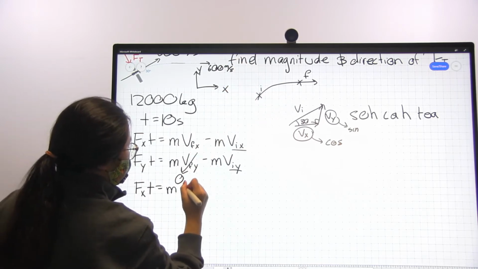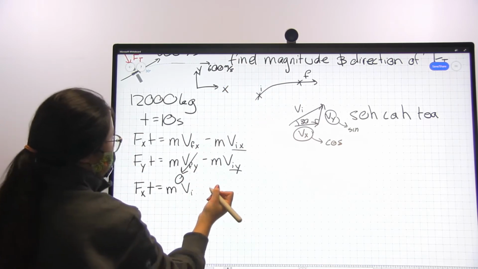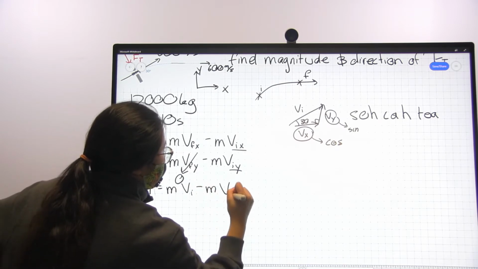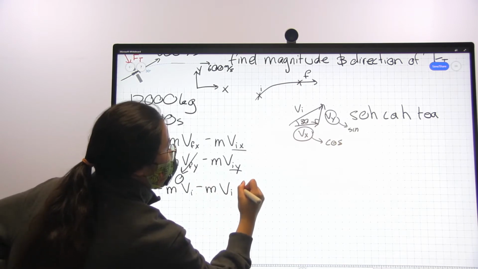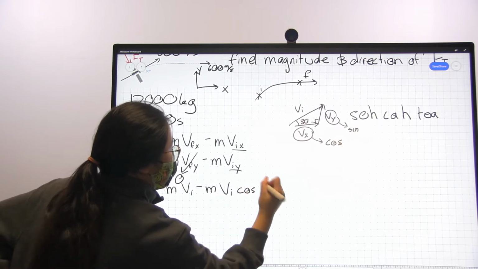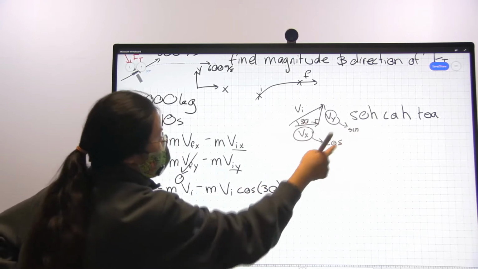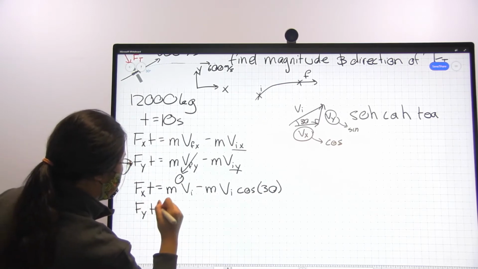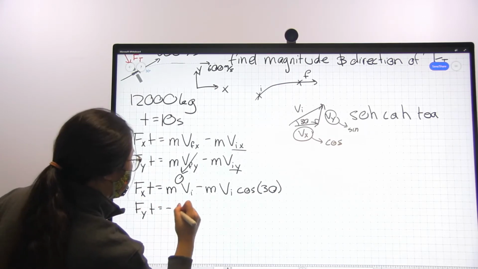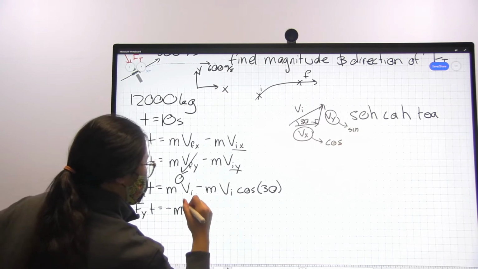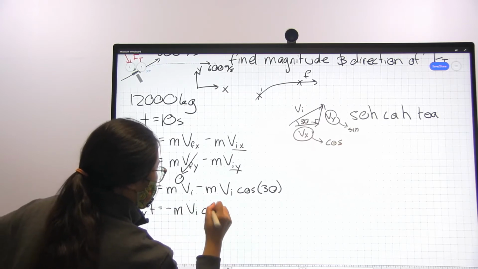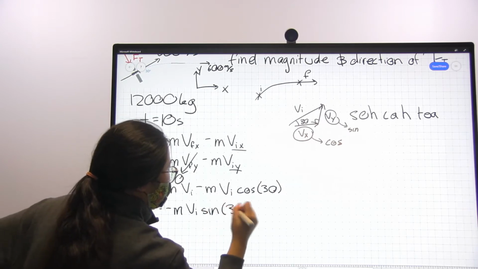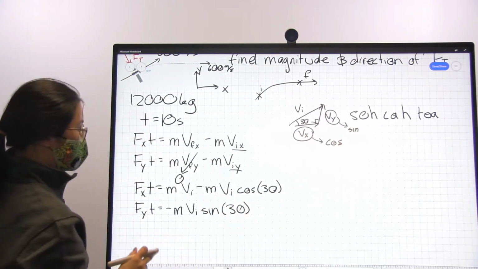So v, and you can even just say v initial, minus v initial times the cosine of 30, and F_y t is equal to negative v initial sine of 30. There we go.